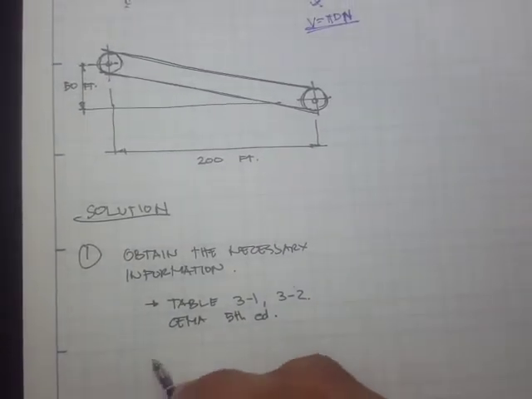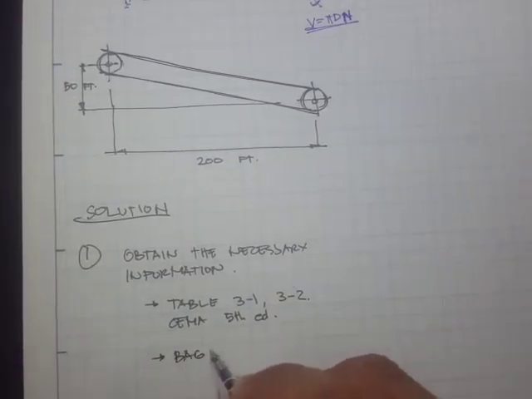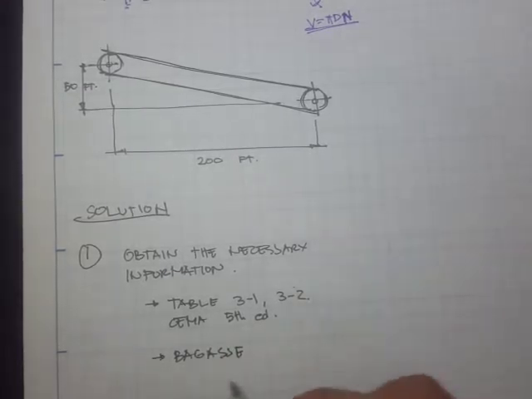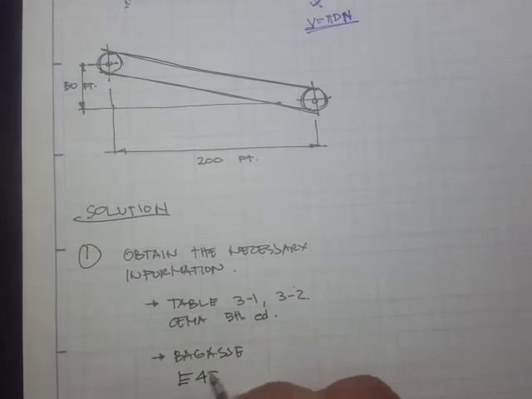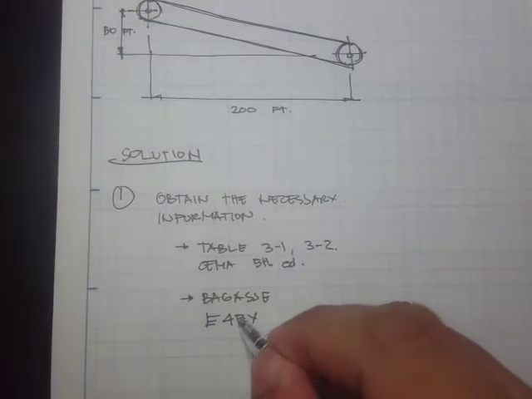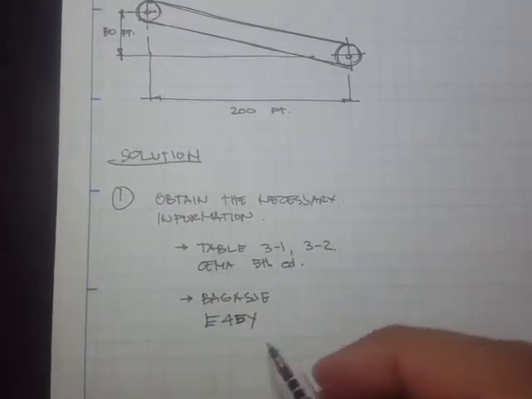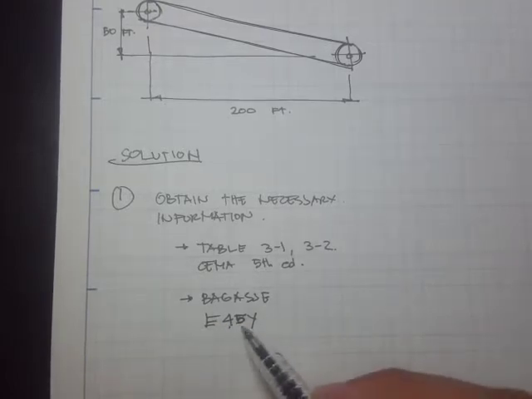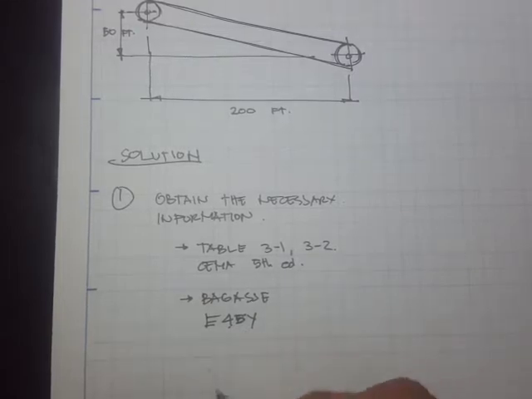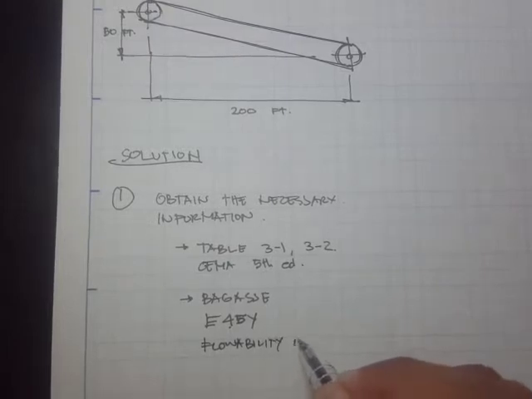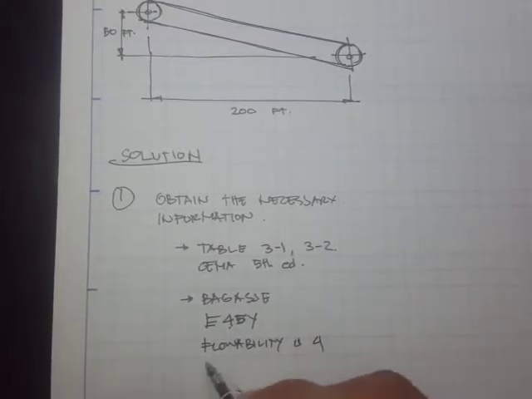Okay, so what we get is we have a material, bagasse, and its material code is E45Y. That means this E is our size, this one is the flowability, and this one is the abrasiveness. So flowability is 4, and what else?